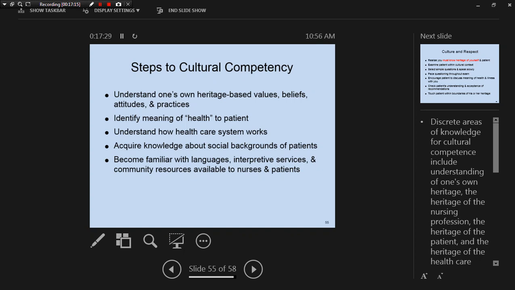How do we contact interpreter services? How do we do this from a very efficient, streamlined standpoint so that we can do this for the patient in a timely manner, to make sure they're not waiting?